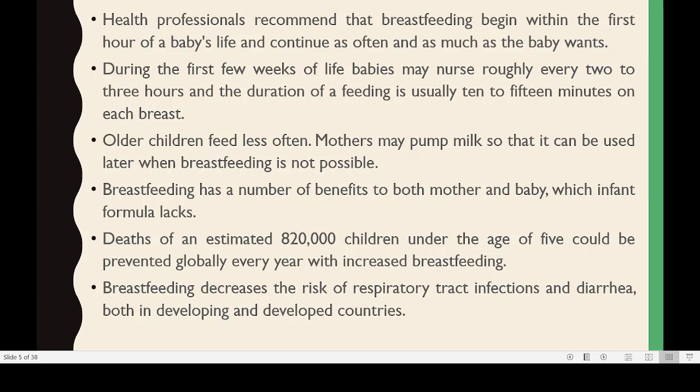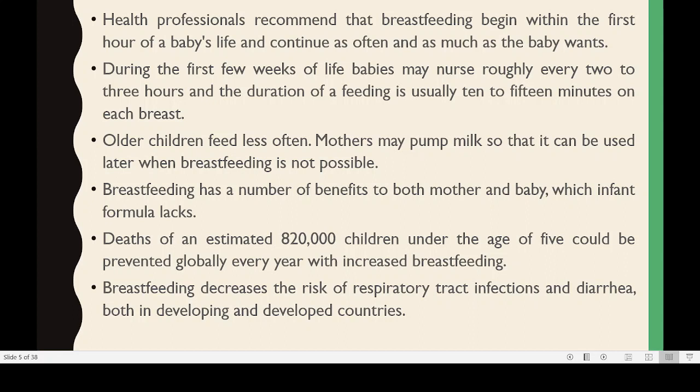Health professionals recommend that breastfeeding begin within the first hour of the baby's life and continue as often and as much as the baby wants. This is important because there is a process called imprinting, which in animals and birds is very strong and irreversible. Human beings, being more intelligent, are not that strict on imprinting.